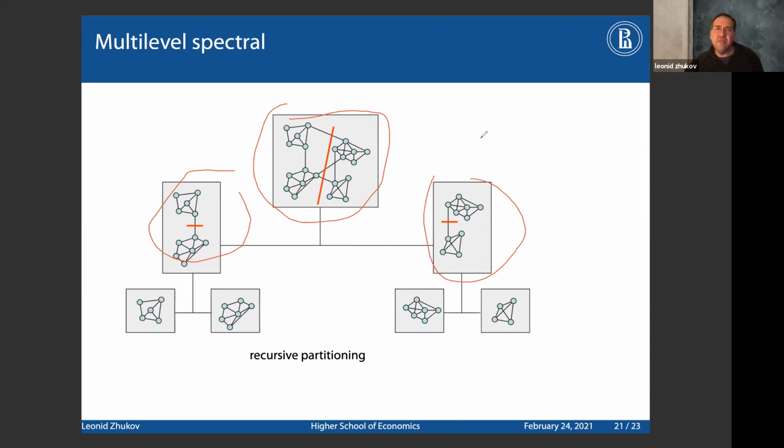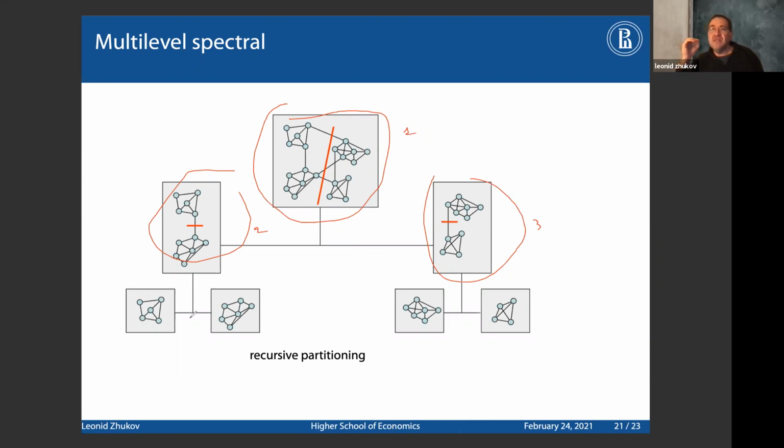So we run the algorithm first here, then the third time here. And if I want smaller pieces, I just keep cutting. And in fact, this is how you find communities or clusters.